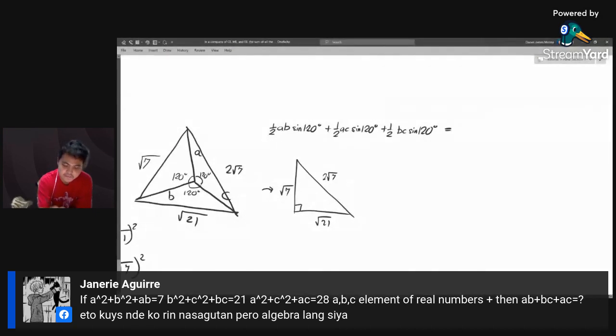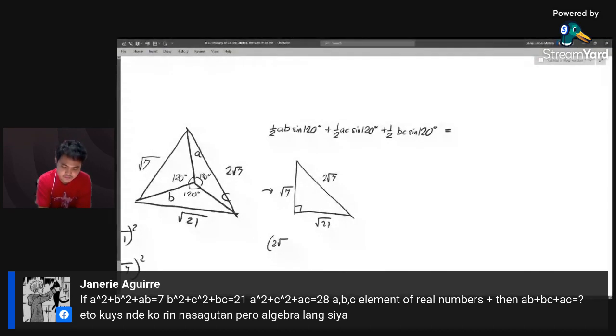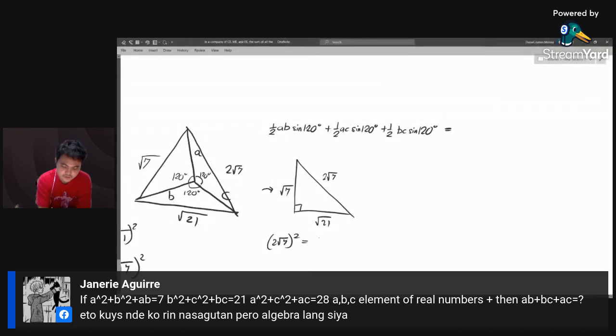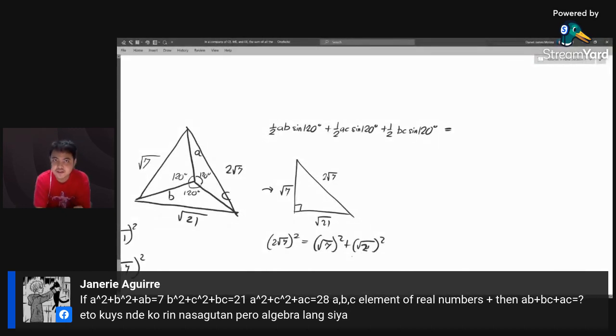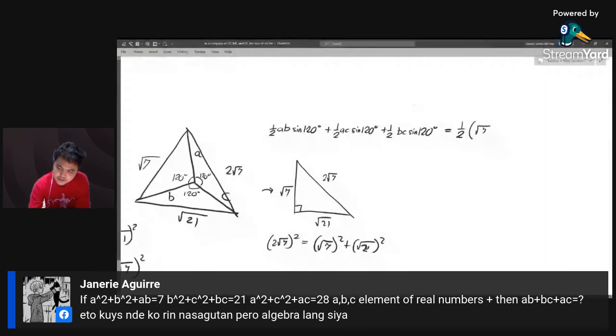Right triangle yan. It satisfies the Pythagorean theorem. 2 square root of 7 squared, square root of 7 squared, square root of 21 squared. So, no need for Heron's formula. We only need 1/2 base times height para sa area. So, 1/2 base is square root of 7, height is square root of 21.